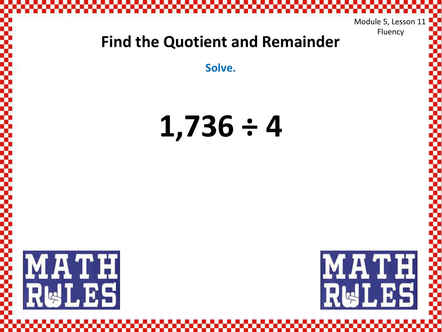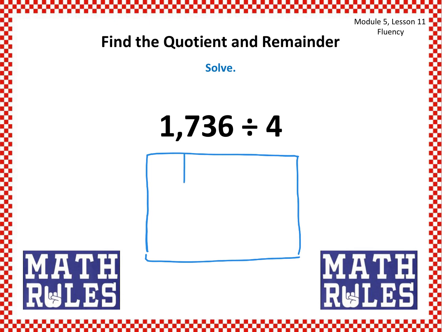1,736 divided by 4. All right, so it's possible that I won't have a remainder, but it's also possible that I might. So this time I'm going to use our place value way of doing our division. This one takes a little bit longer and can sometimes be a little bit messier unless you're really, really careful with your dots and writing things.